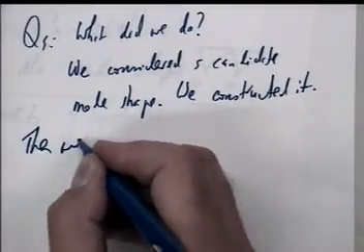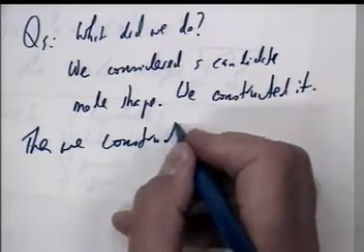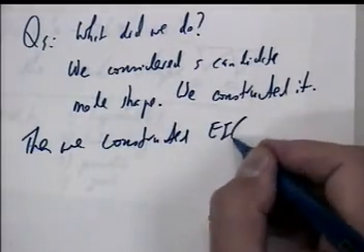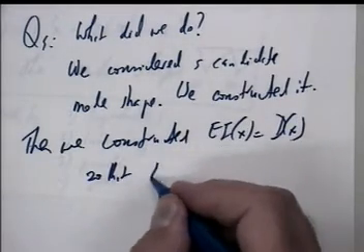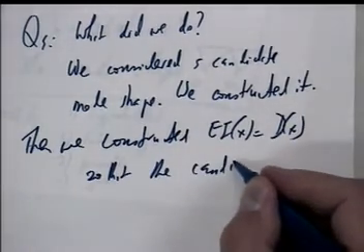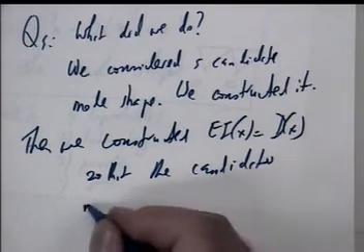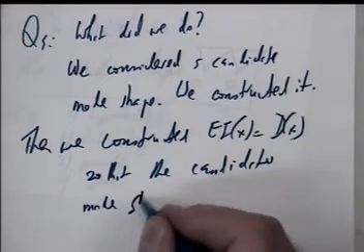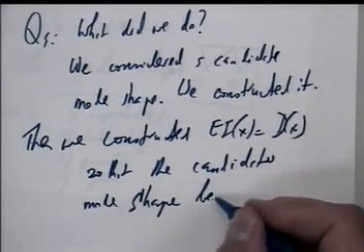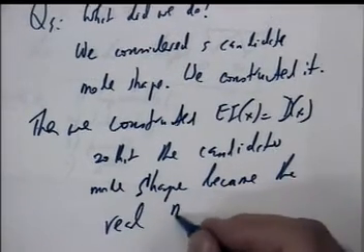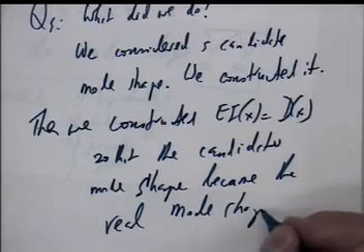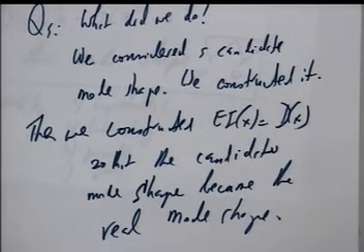Then we constructed EI of x, which equals d of x, so that the candidate mode shape became the real mode shape. Okay, we found that candidate function.